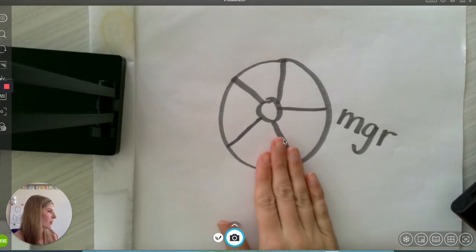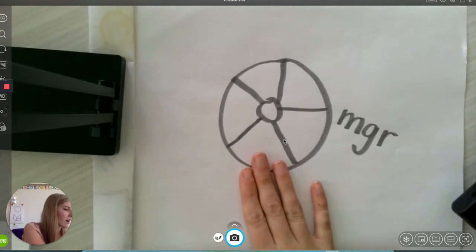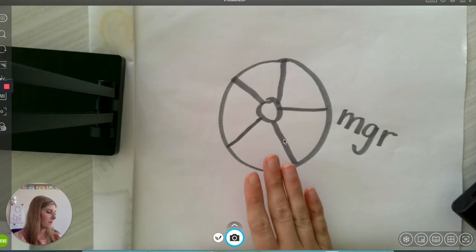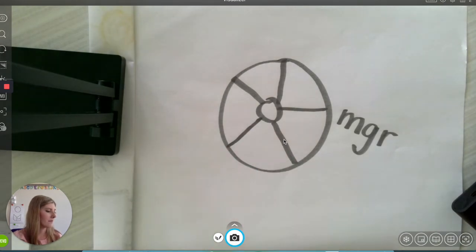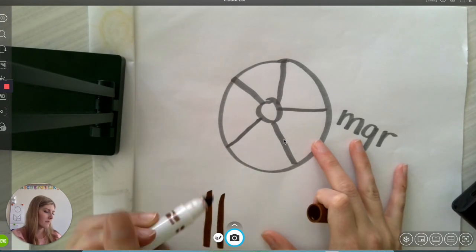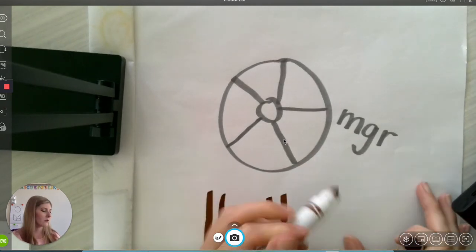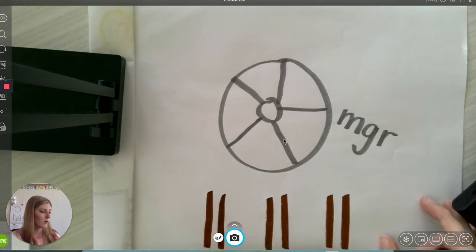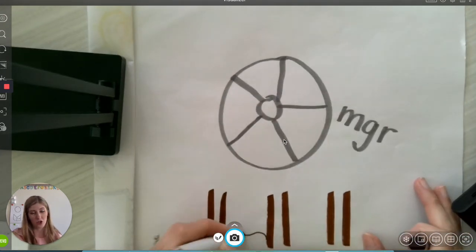Now, over by the merry-go-round, on our playground, we have a row of trees. And over by the row of trees, we have a mulchy area, or a spot where there are wood chips.